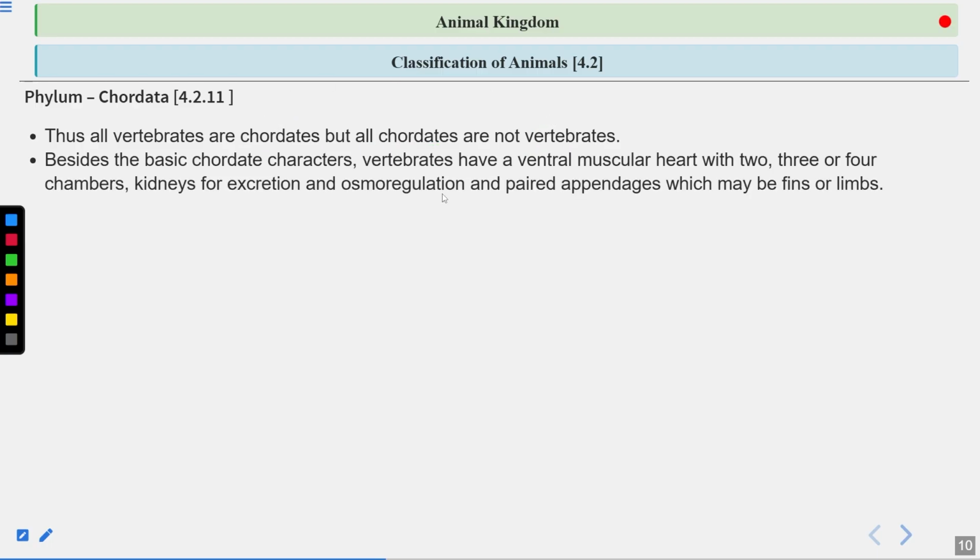Besides the basic chordate characters, vertebrates have a ventral muscular heart. Now they are talking about the circulatory system. The muscular heart is in the ventral position, with 2, 3 or 4 chambers. Fishes have a 2-chambered heart.